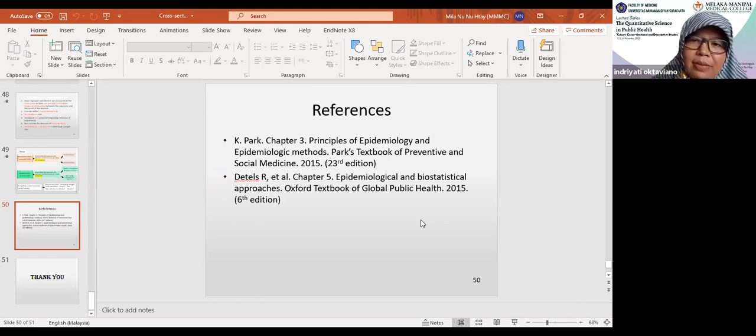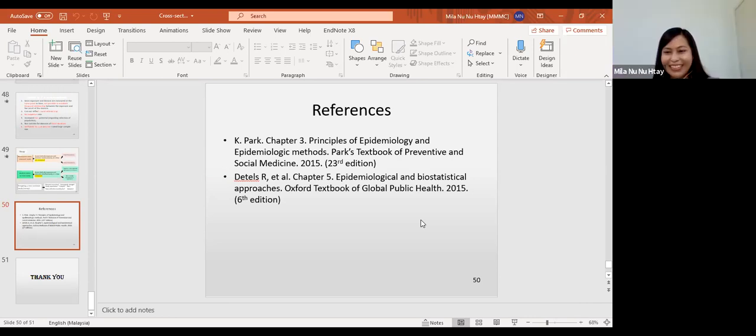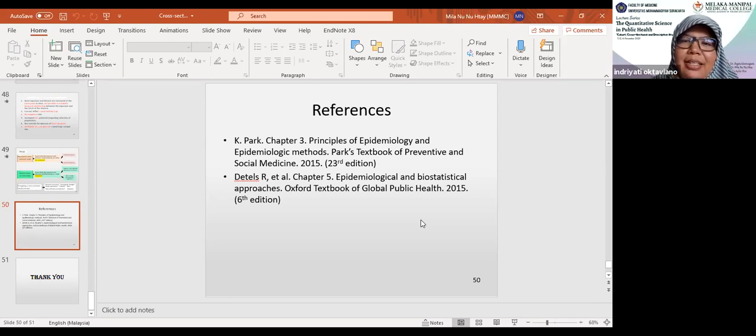So we try to find a suitable analytical statistic. That's right, Dr. Mila? Yes, correct. So the statistical analysis is used to manage the bias.